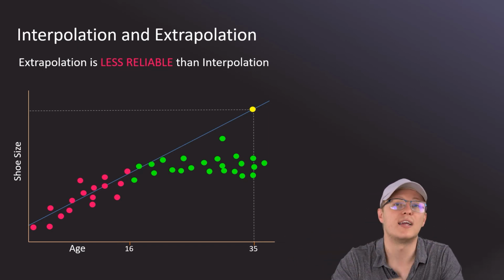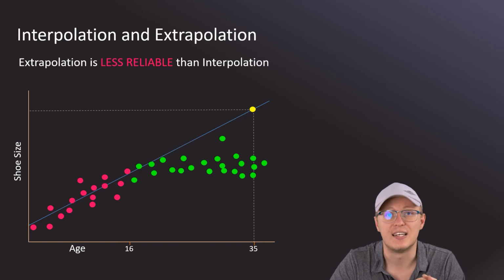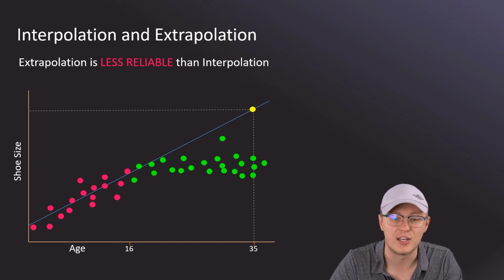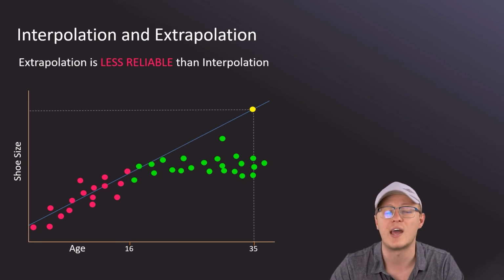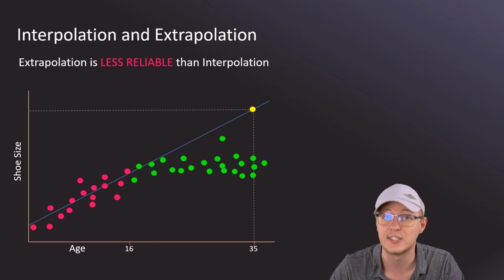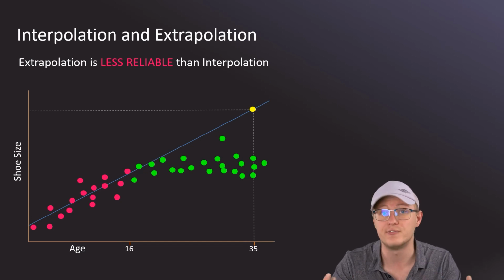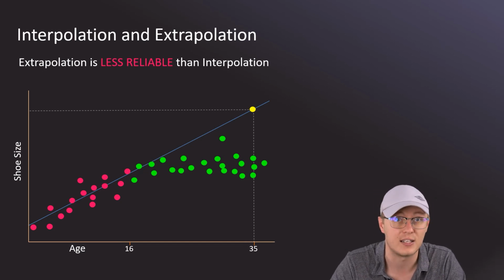And that is why extrapolation is less reliable than interpolation. It is because we do not know for sure that the trend that we have predicted is going to continue outside of the data that we have collected.